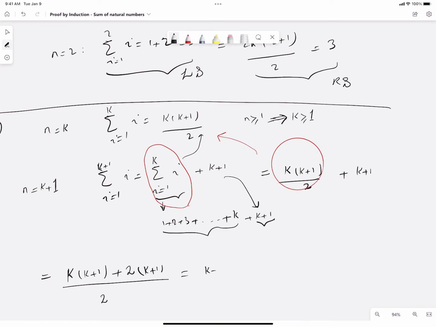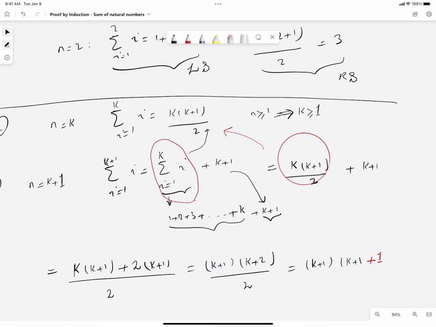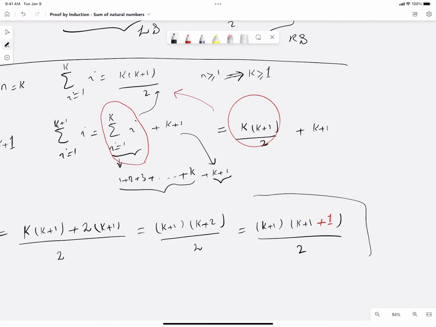So it's going to be k plus 1 times k plus 2 divided by 2, which I can write this way, is equal to k plus 1 times k plus 1 plus 1, and let me write the plus 1 with another color, divided by 2. And that's the left side that I found.